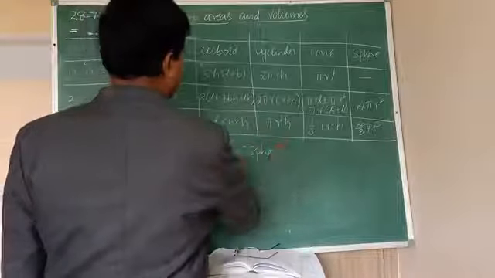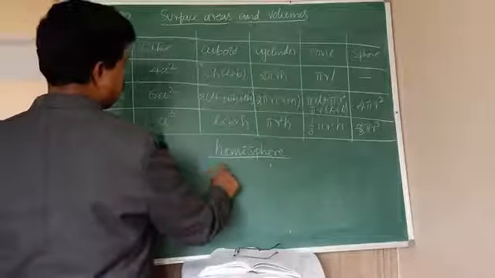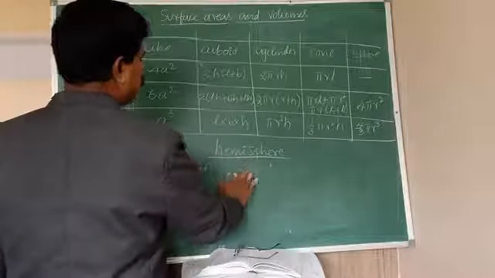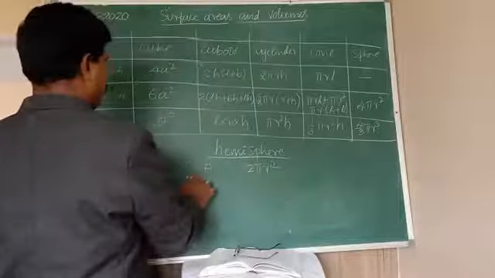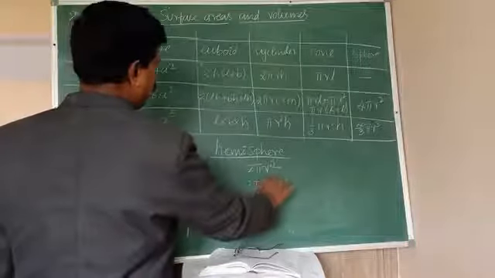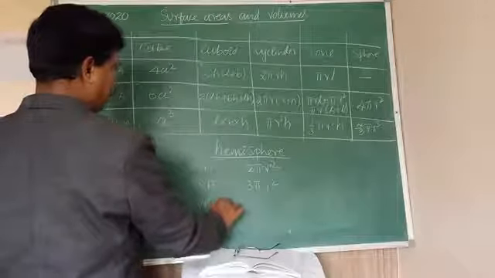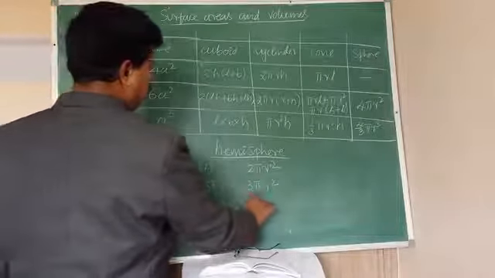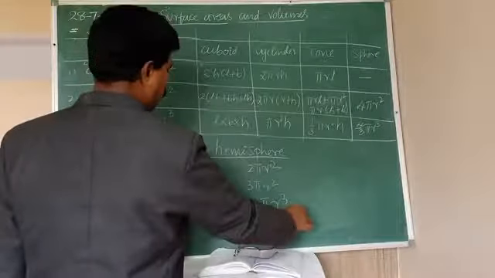Hemisphere curved surface area CSA is 2 pi r square. TSA is 3 pi r square, and volume is 2 by 3 pi r cube.